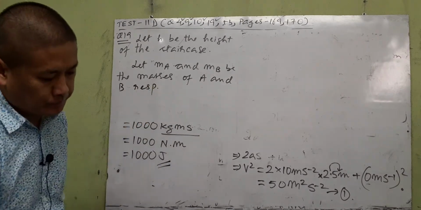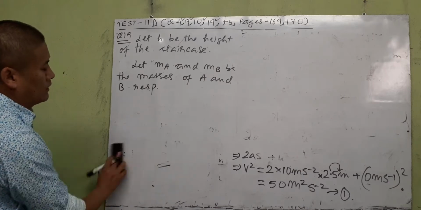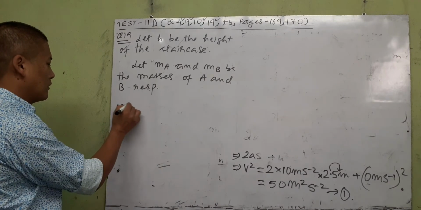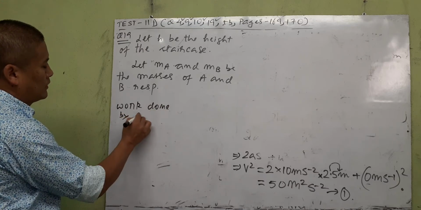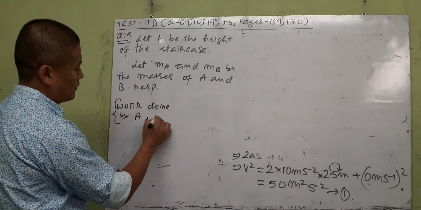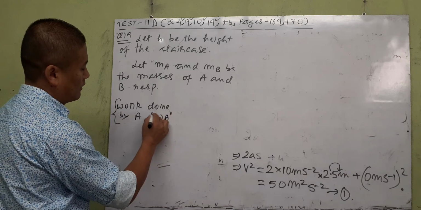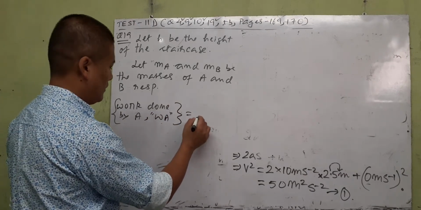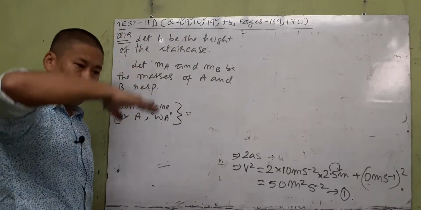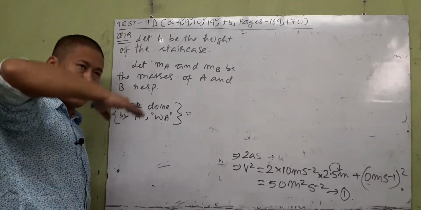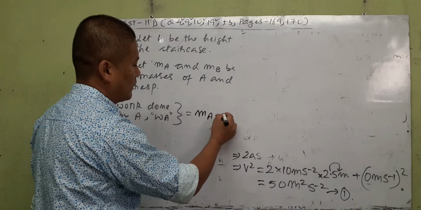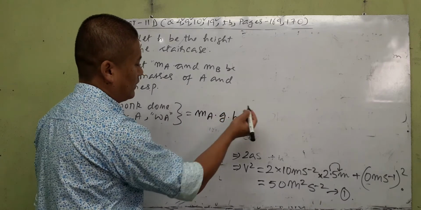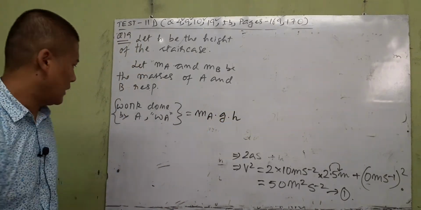Okay, now work done by A. Let us calculate work done by the person A. Let us put WA equal to, since it's climbing the height, the potential energy, which is mass of A, MA, G, and the height H. So this is the work done by A.